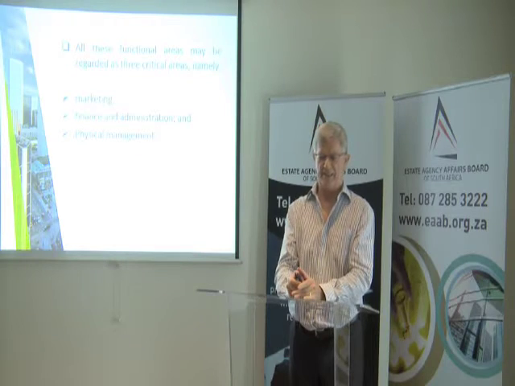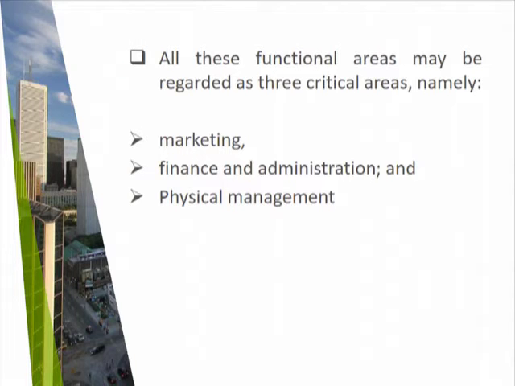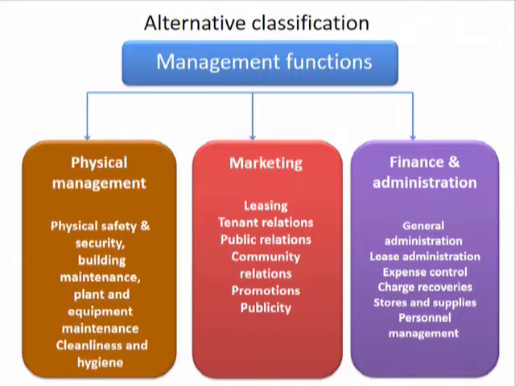Now, we can summarize or encapsulate all these functional areas into three critical areas: marketing, finance and admin, and physical management. And you will see from that diagram that everything we've been talking about is encompassed in one of these three broad functions.